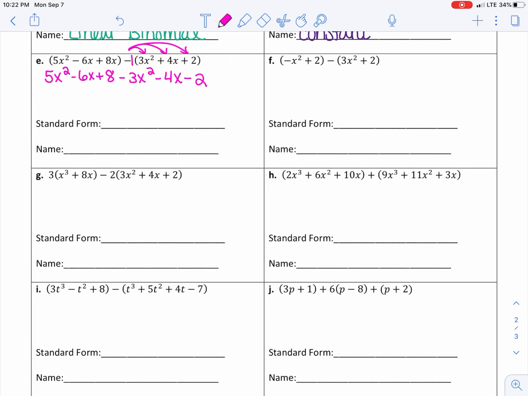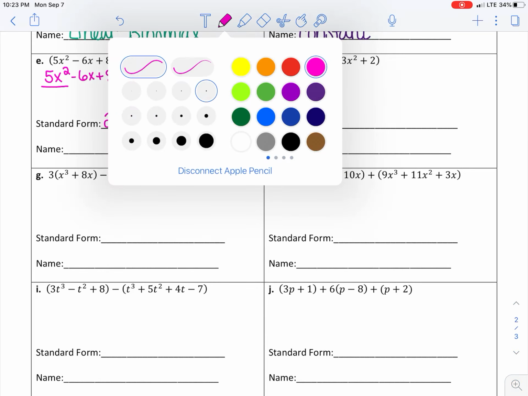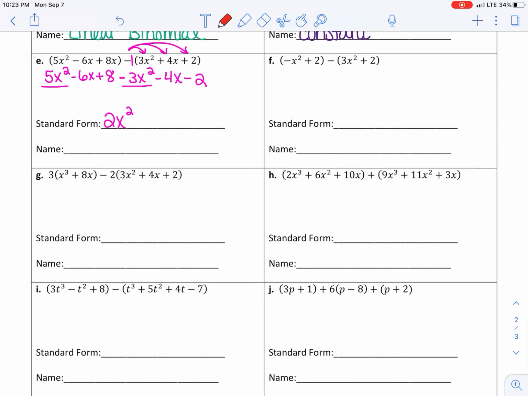Okay, we want to look for our highest exponent like we do every time. So we look and we have an x squared here, and we have one here as well. So we're going to combine those. 5x squared minus 3x squared gives me 2x squared. Okay. Then I have negative 6x minus 4x, which gives me negative 10x.